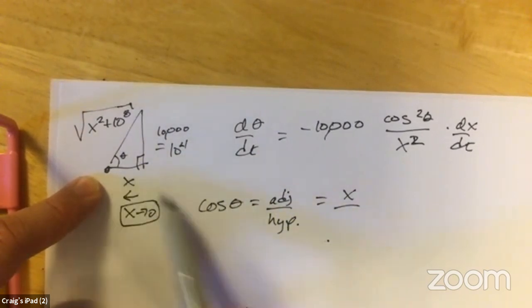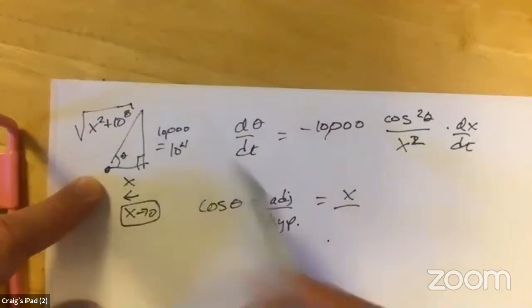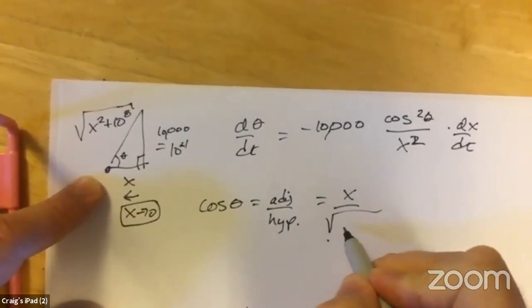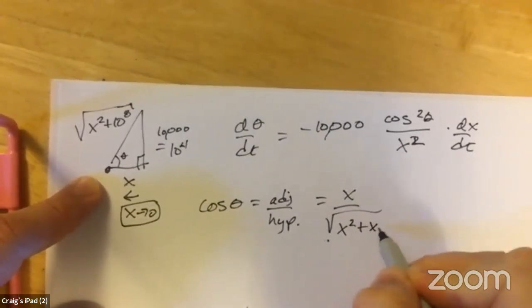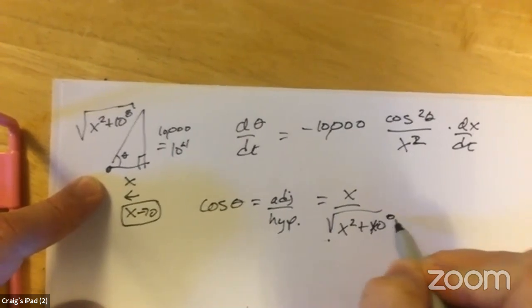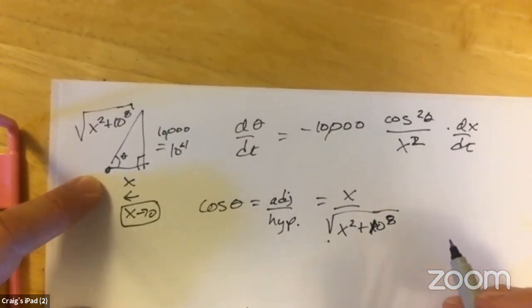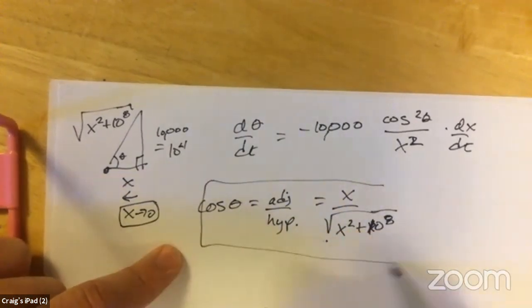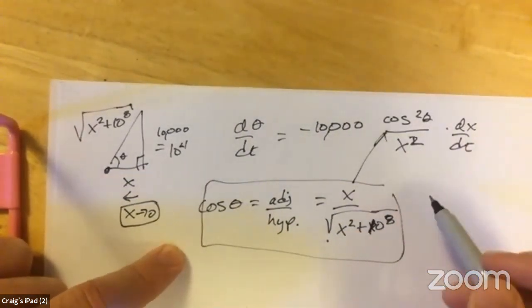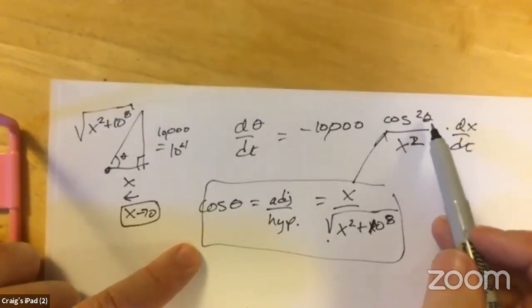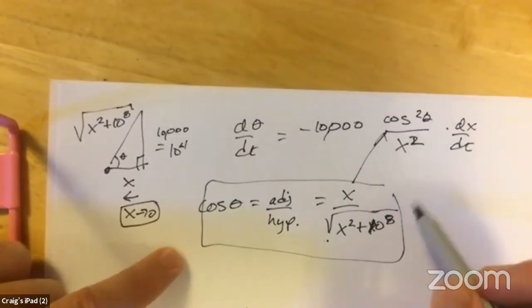Now the cosine of theta is x divided by the hypotenuse, so it's x divided by the square root of x squared plus 10 to the 8th. That is going to go in for cosine squared; I needed to square this to get the answer.